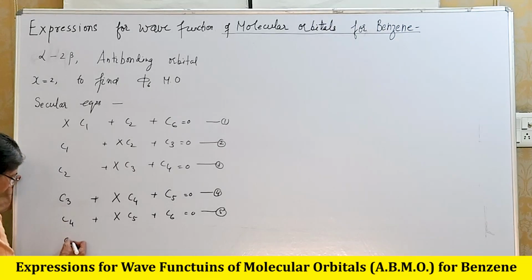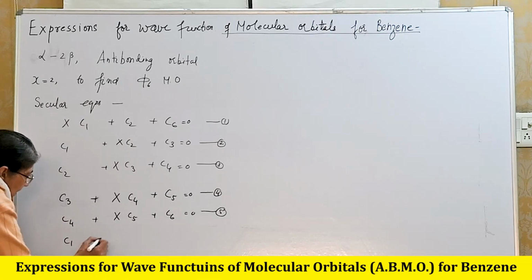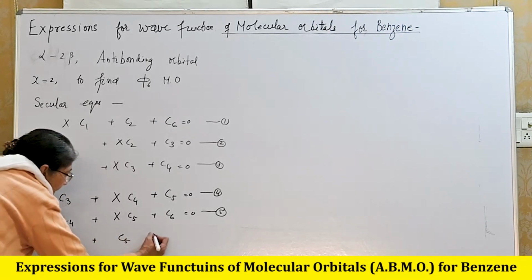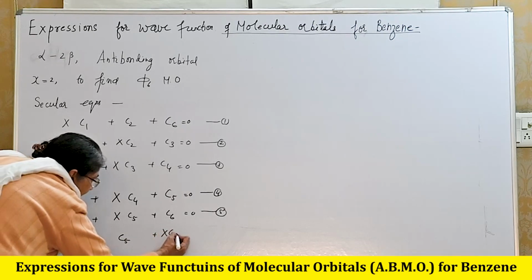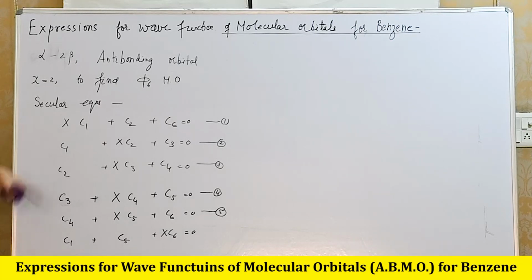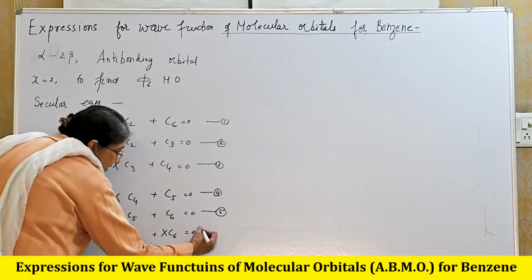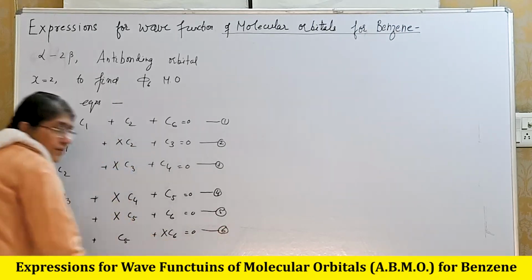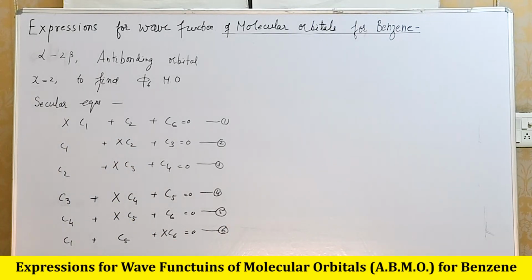And C1 plus C5 plus x C6 is equal to 0, this is equation number 6. These are the secular equations we get after solving the matrix.